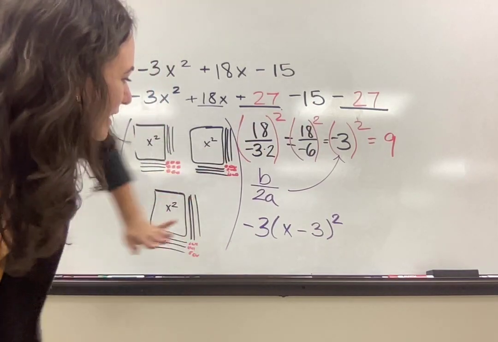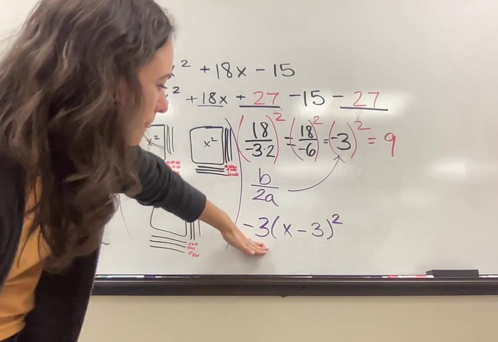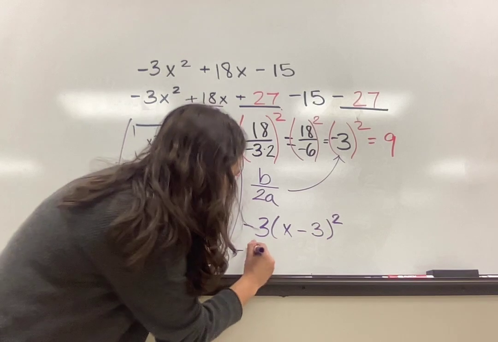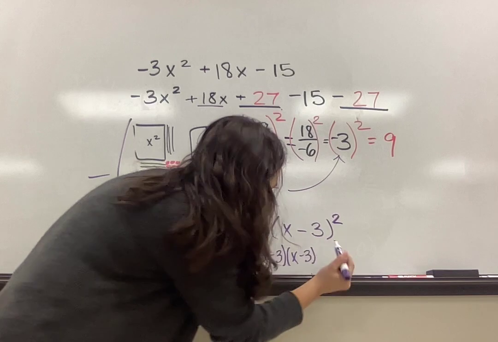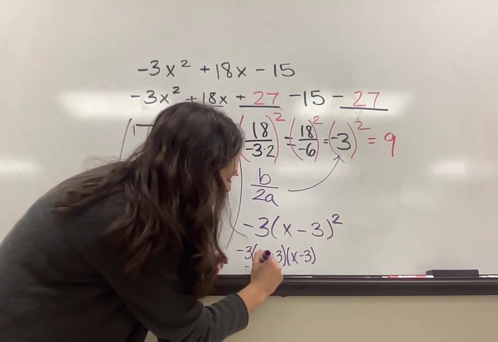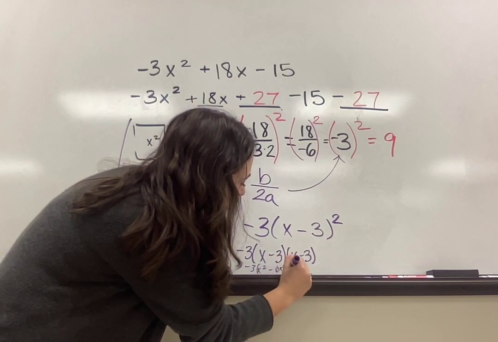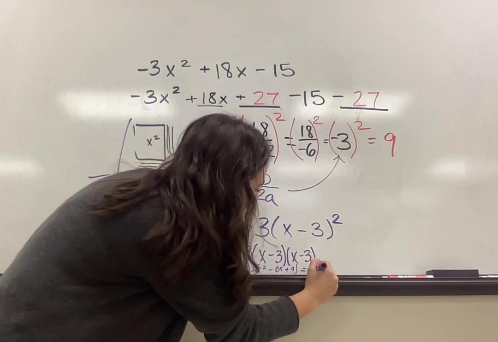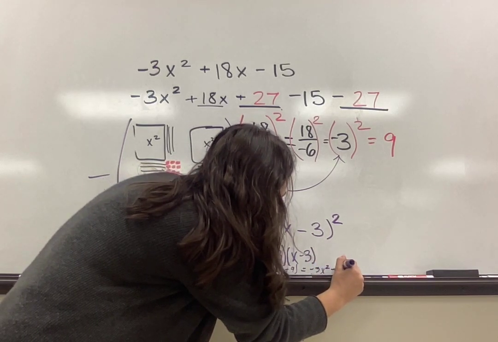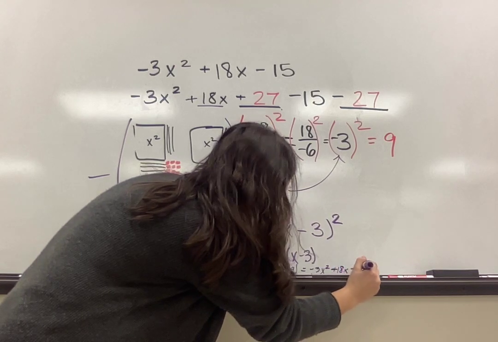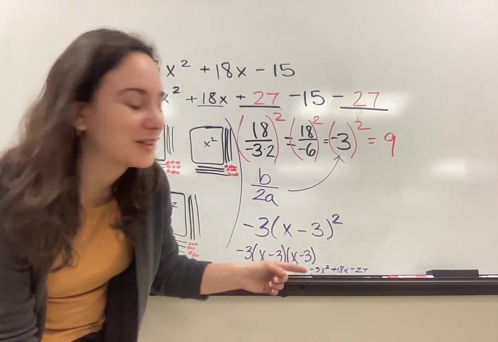Because if these are all negative squares, when I distribute this back out, I'll have negative 3x squared minus 6x plus 9, so negative 3x squared plus 18x minus 27. That's so tiny, I'm so sorry.